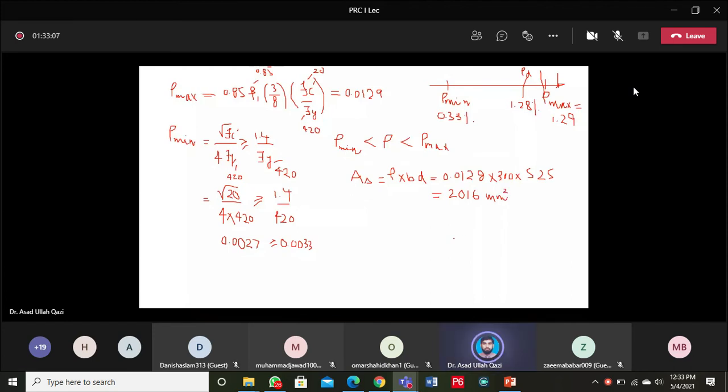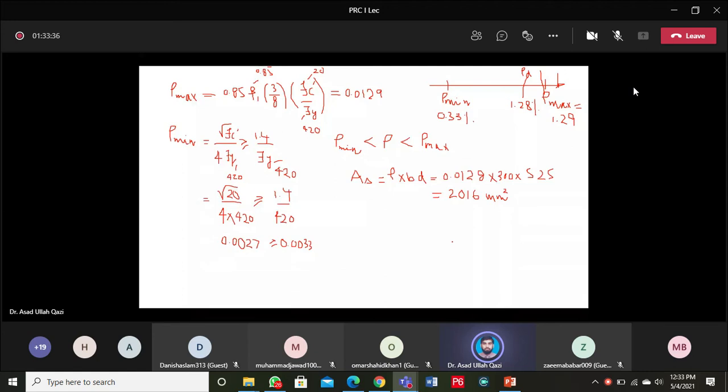Once you consult the design tables for the nominal sizes, I have shared with you the ACI document, and in all textbooks you will get design tables of nominal areas of US customary bars.